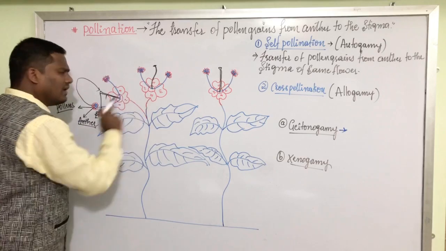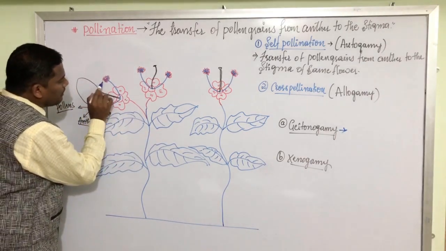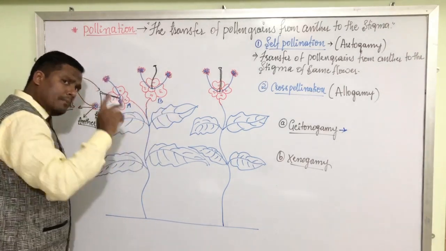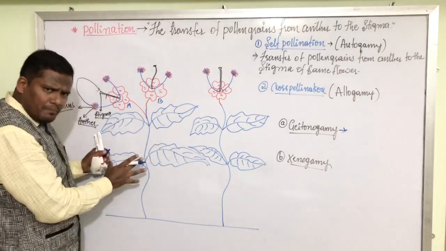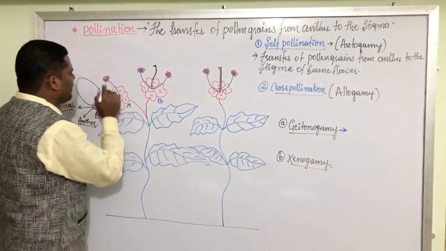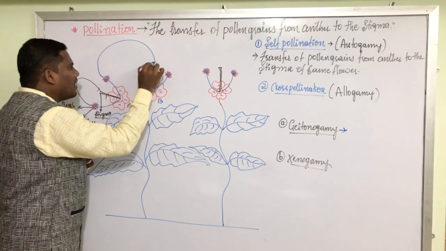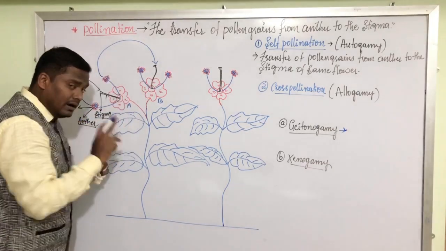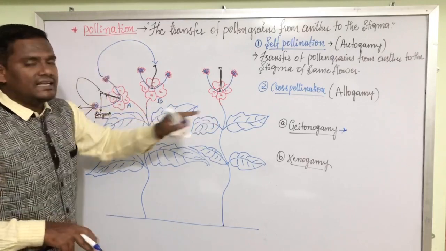Here we have two flowers located on the same plant. If the pollen grains from flower A get transferred to flower B, both located on the same plant, that is, from anther to the stigma of another flower, the flower is different but the plant is same, this is called geitonogamy.